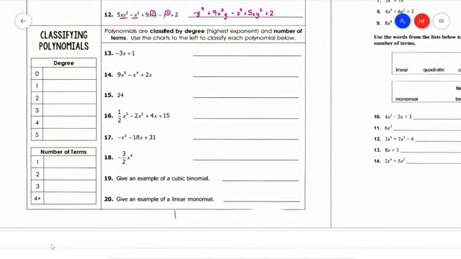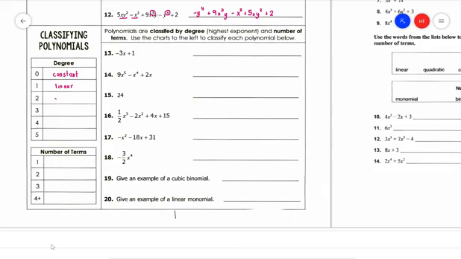Now in this next section, we are classifying by degree and the number of terms. So we are going to fill in this chart on the left here. If it has a degree of 0, that is called a constant. If it has a degree of 1, then that is linear.